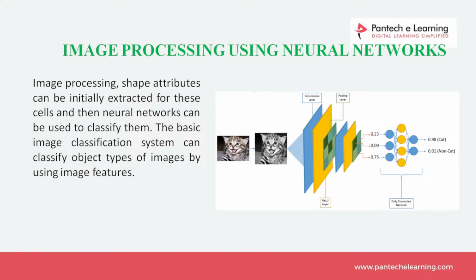What it can do, you can observe this picture: you give your database to the neural network construction. It can train on your database and tell you this is a cat or this is a non-cat, based on your database. So it can identify the features exactly by classifying the images using image processing along with neural network techniques, meaning deep learning. Then you can work with it.